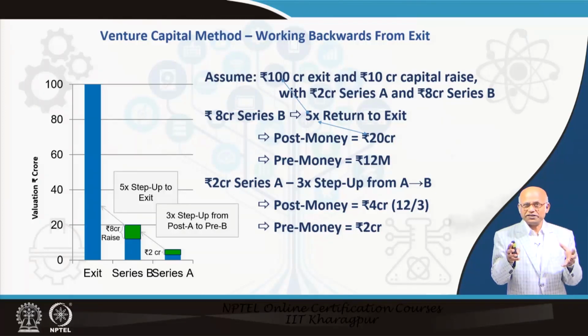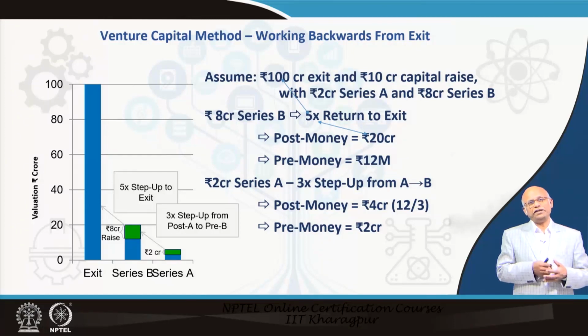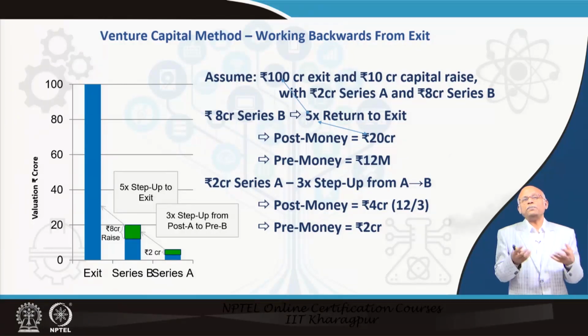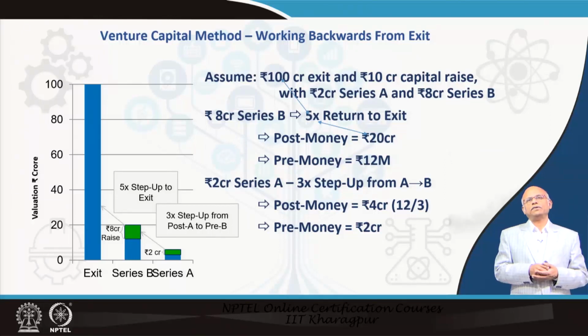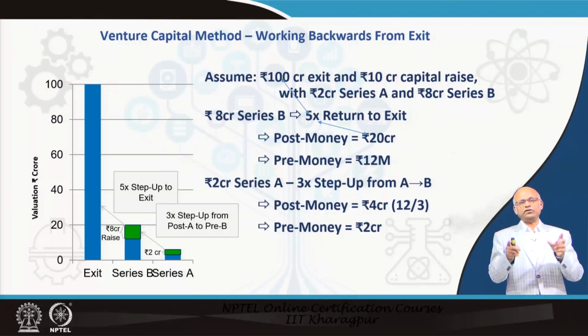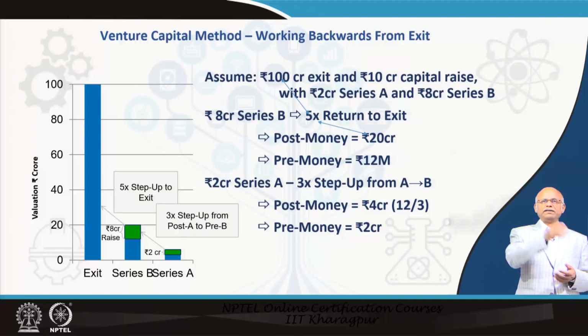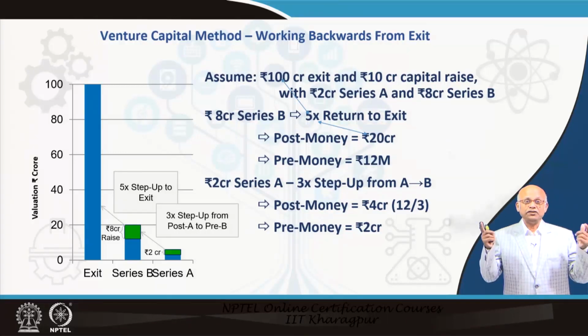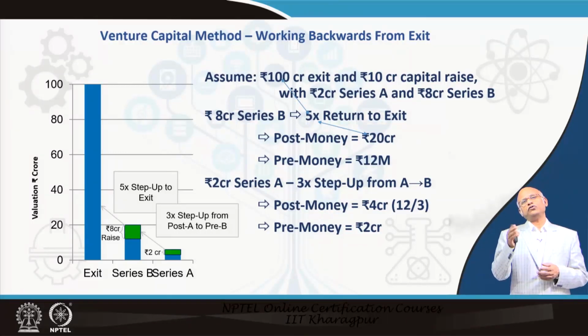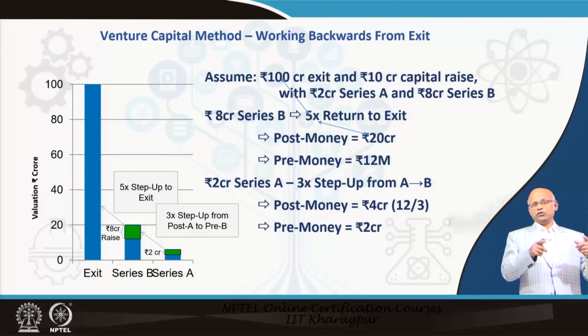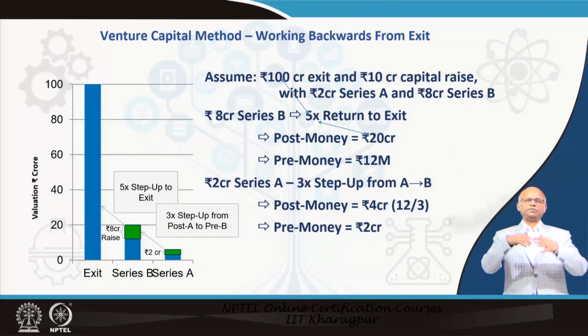If 20 crore is the post money value and you raised 8 crore of funding, what is the pre money value? It is 12 crore. It is not M, actually I copied it from somewhere, so that remained here. So, pre money value is 12 crore. Now, we move forward to the next part.